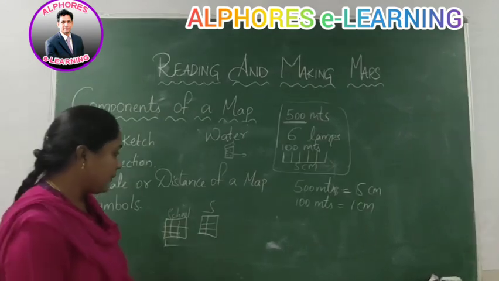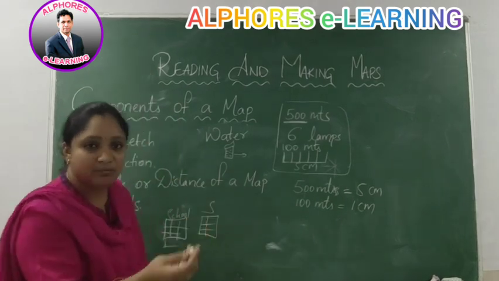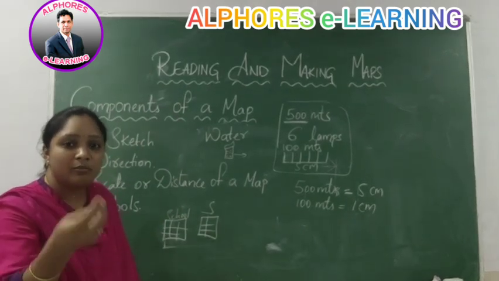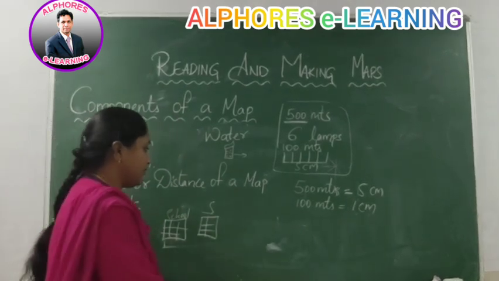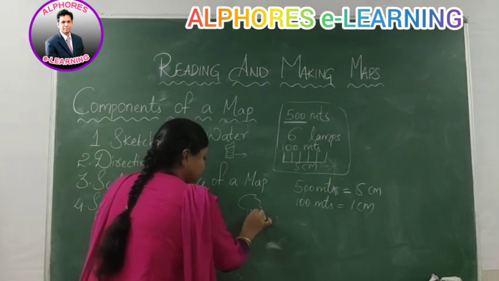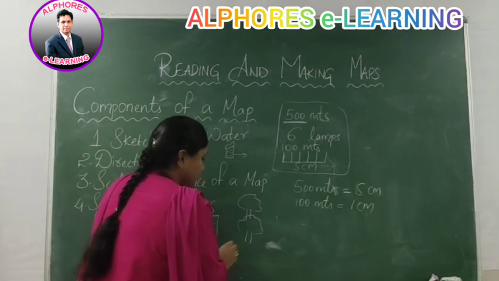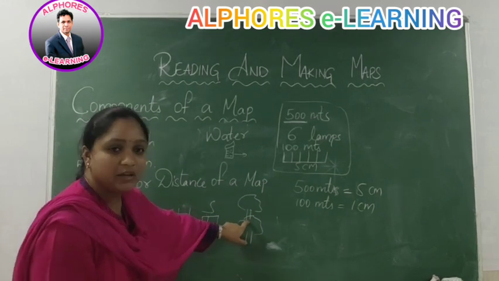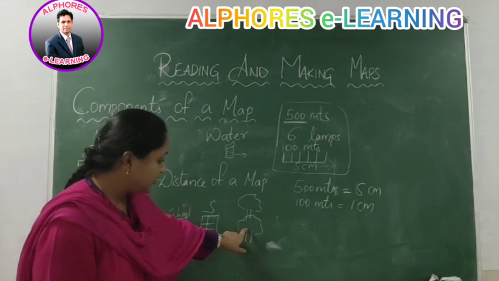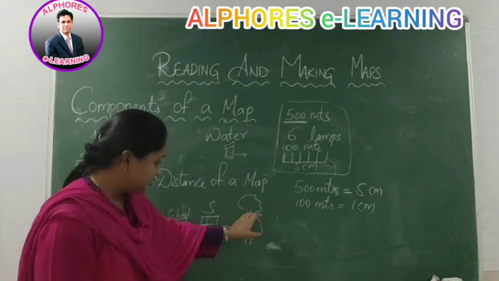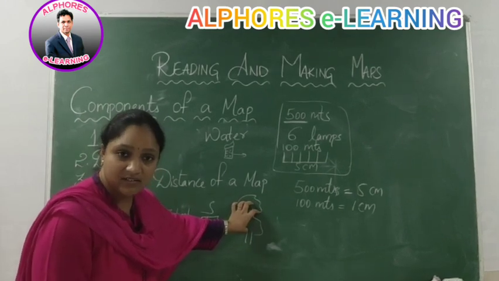In the same way, there are a few common symbols. These common symbols are called conventional symbols. Like if you see a tree, in this way it is represented on the map. By seeing this, you can easily identify that this is an area which is a forest, right?